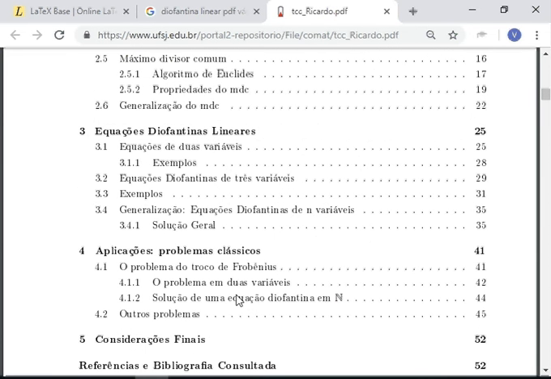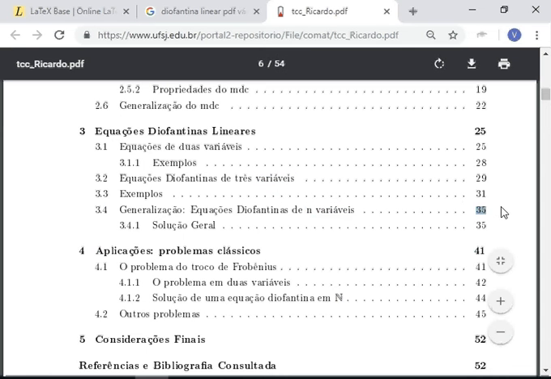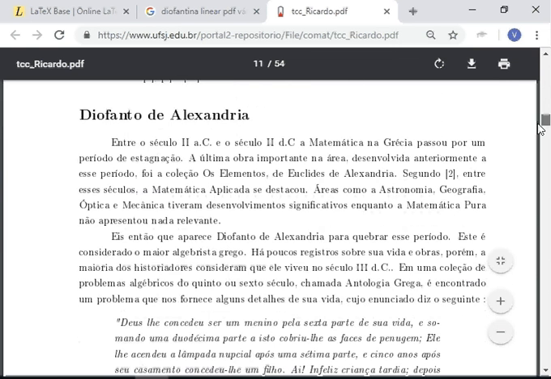He solves for two variables, demonstrates, and gives examples. He goes to three variables, then to n variables, where we are interested. Page 35.